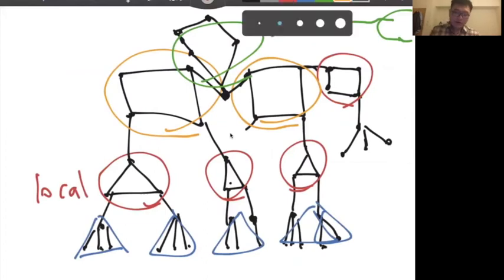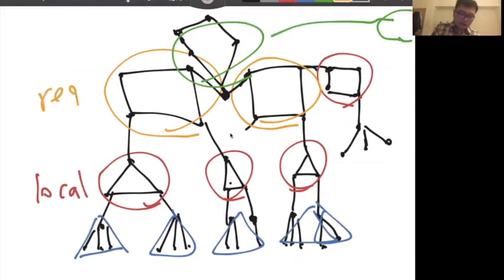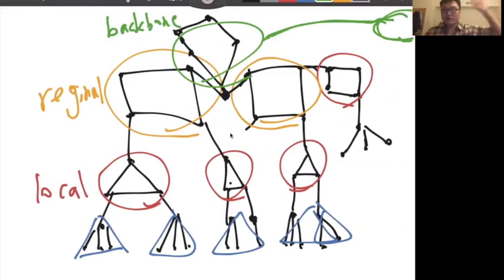From local networks, you can build a regional network. And each regional network is connected to a backbone network. And a backbone network can connect to another backbone network overseas, to countries far away from yours. So this is the structure of the network.